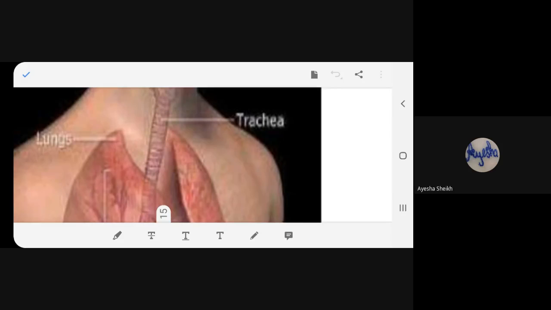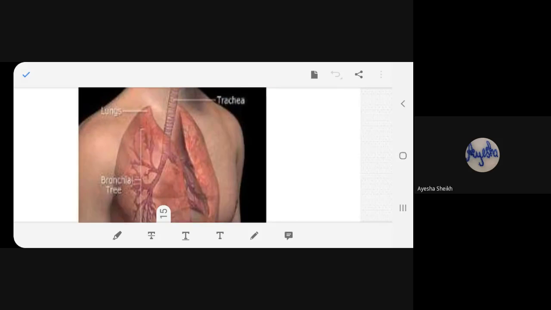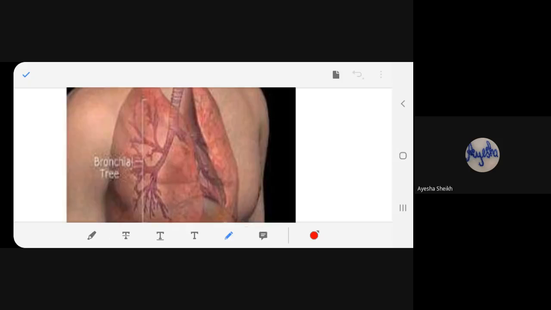So from the trachea, see, it's getting divided over here. One goes to this lung and is further divided, again further divided. So the trachea divides and goes into two lungs. And these tubes are called bronchi.